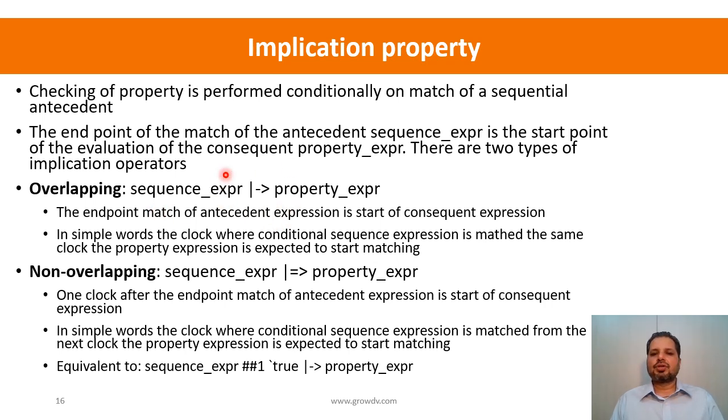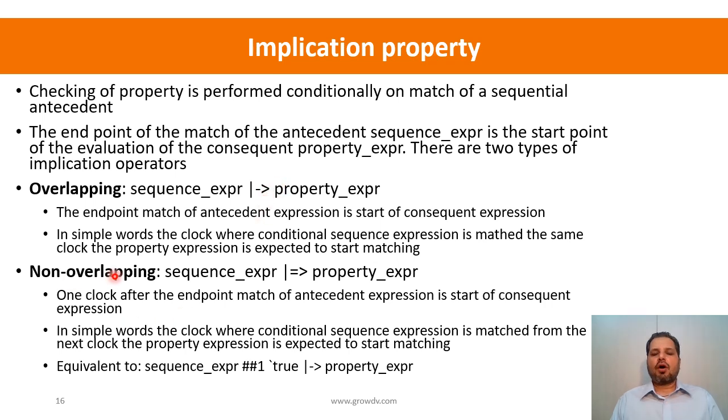We use the overlapping operator, and on the same sampling event, as soon as the sequence expression is satisfied, you want the property expression to start matching. So the endpoint of your antecedent expression is the start of your consequent expression. That's what happens in the case of overlapping.